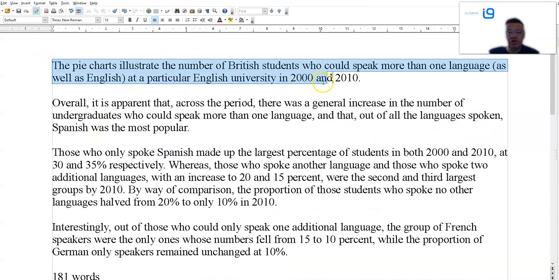So introduction, simple restatement, key features must identify. Like I said, instead of saying there was a decrease in monolingual students, which is kind of a negative decrease, let's say, in general, there was a general increase of a number who could speak more, and that the biggest was in Spanish.